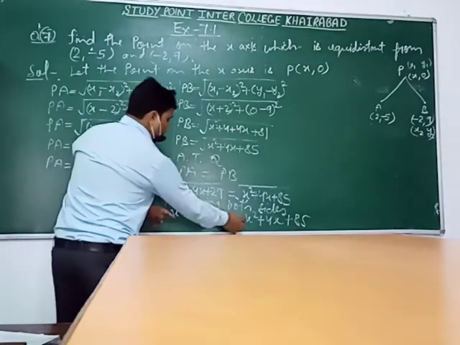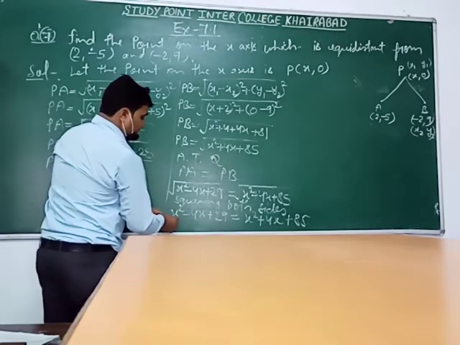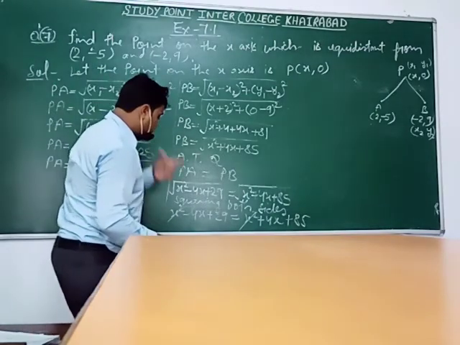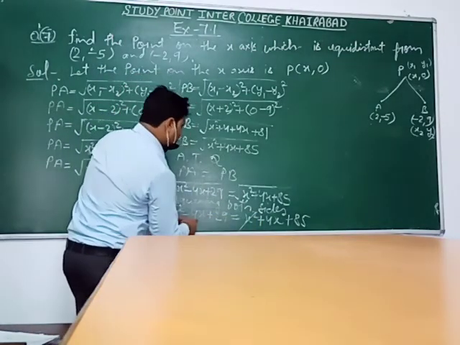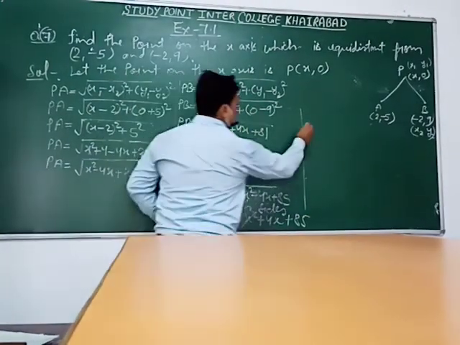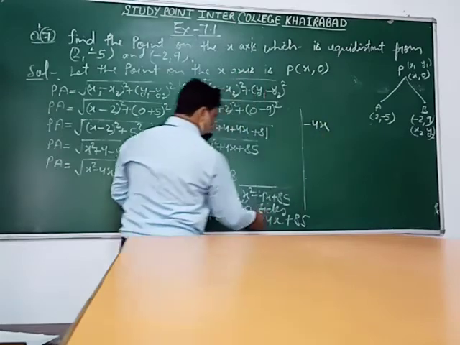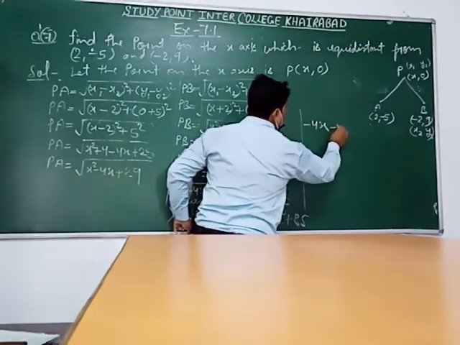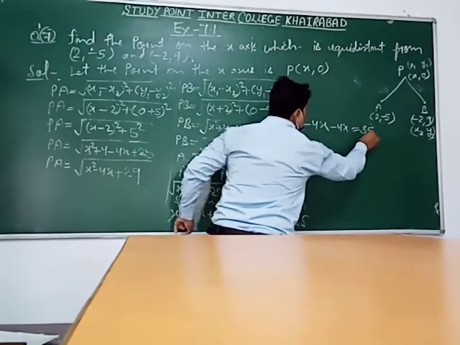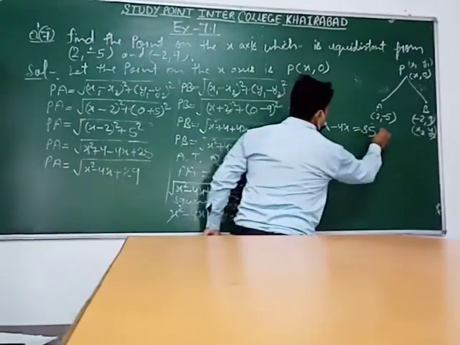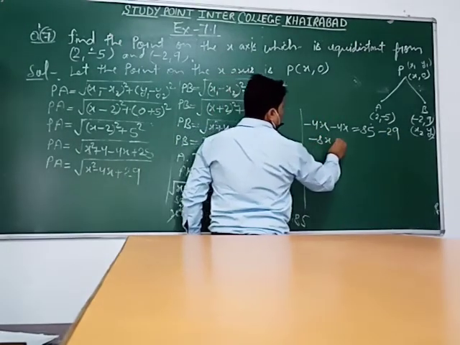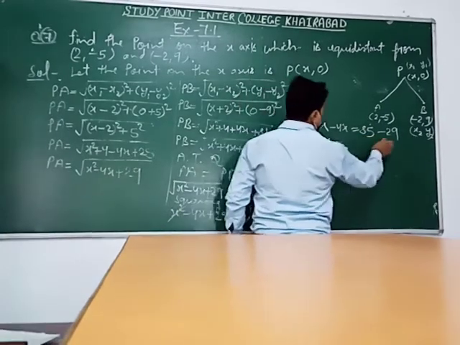If you shift x square to this side, it will be minus, and here it will be plus, so it will cancel out. So x square will be cancelled out. Shift 4x to this side, it will be minus 4x minus 4x, which is minus 8x, equals 85 minus 29.